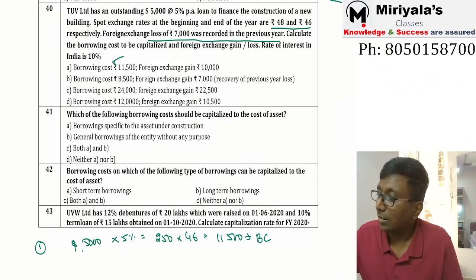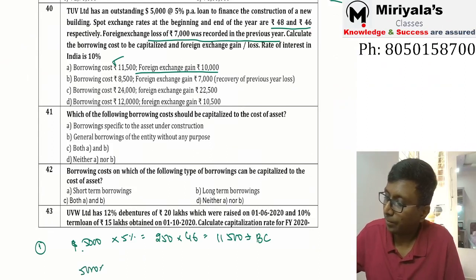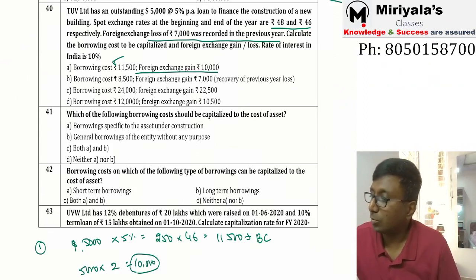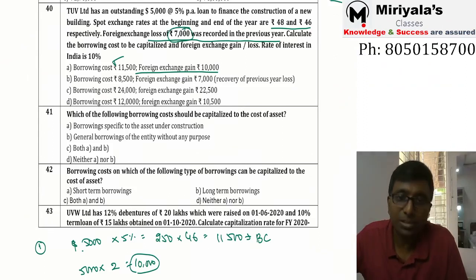Next, foreign currency. Okay, right. Hold on. Foreign exchange gain is equal to 10,000. Yes, foreign exchange gain $5,000 into 2 rupees. If I take it 10,000, but actually out of 10,000 rupees, assume 7,000 has already been capitalized in the past.